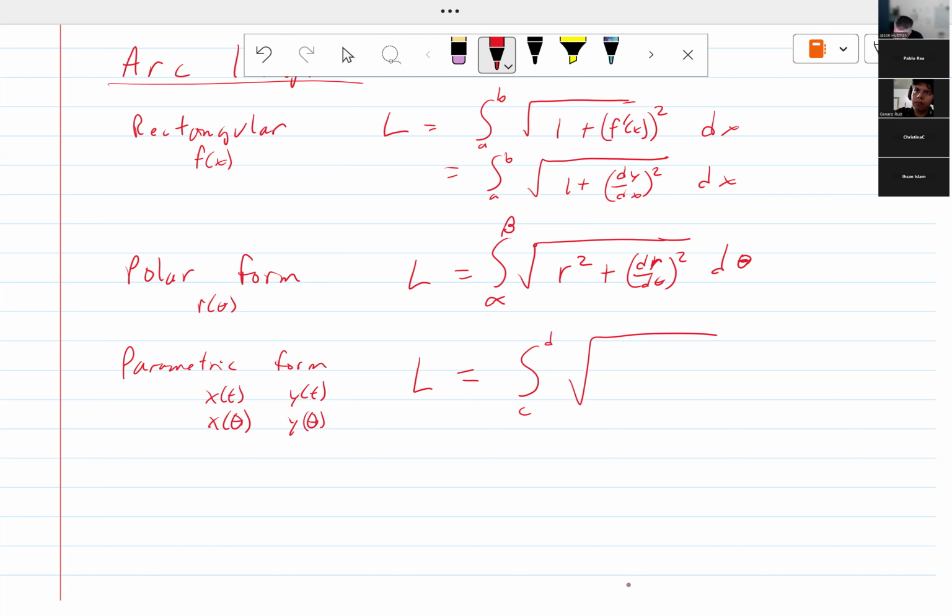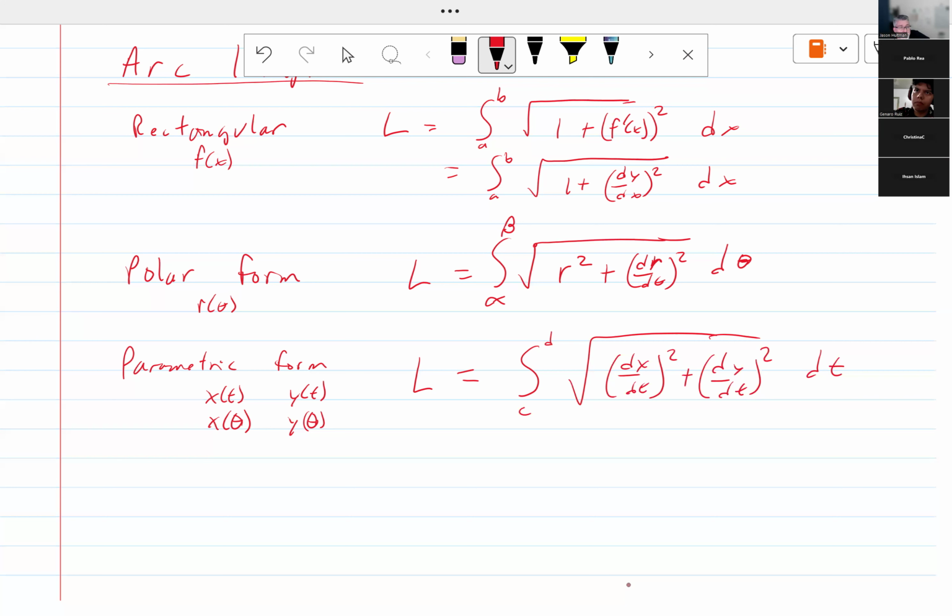If you have an x in terms of, and y in terms of, a third variable, what you're looking for is that third variable. It's x, y, and a third variable, and that third variable could very well be theta. Then we would take dx dt squared plus dy dt squared, dt, and you integrate with respect to whatever the third variable is, or what we call the parameter.